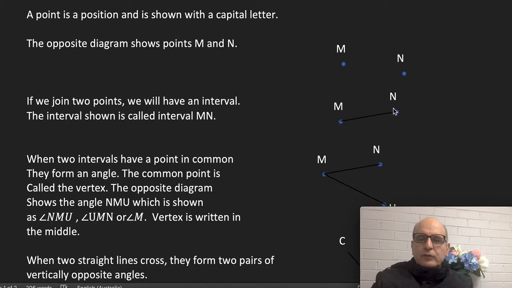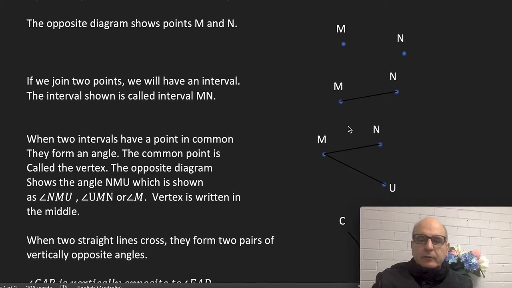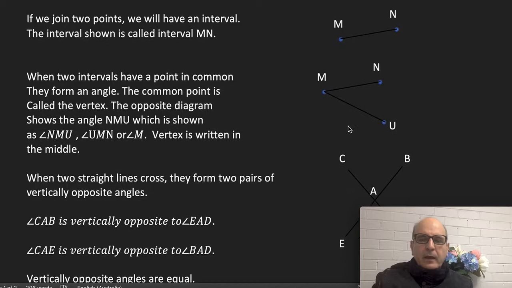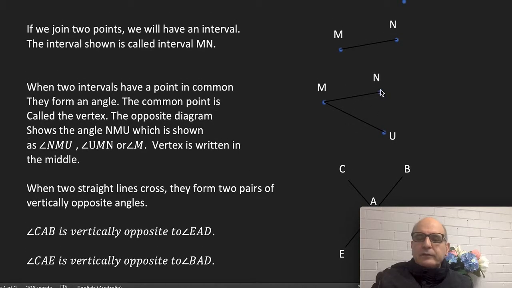Then when you join two points with a straight line, you make an interval. That is called the interval MN. Interval MN or NM, it doesn't matter. Order doesn't matter. Then when two intervals are joined at one end, like here MN and MU have joined at point M, you generate an angle.